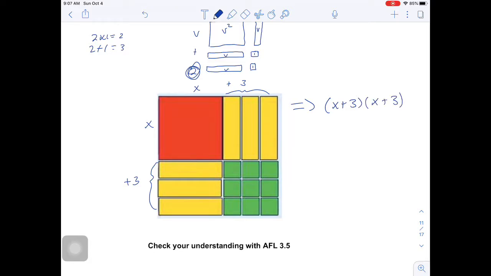We could also figure out the trinomial it represents. This is x squared. This is x and x and x. This is also x and x and x. So far we have x squared plus how many x's? 1, 2, 3, 4, 5, 6. 6x. And how many single units do we have? 1, 2, 3, 4, 5, 6, 7, 8, 9. So this would be plus 9.